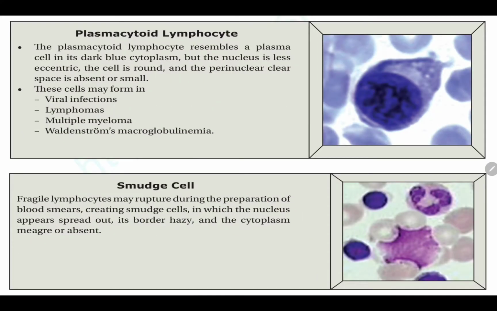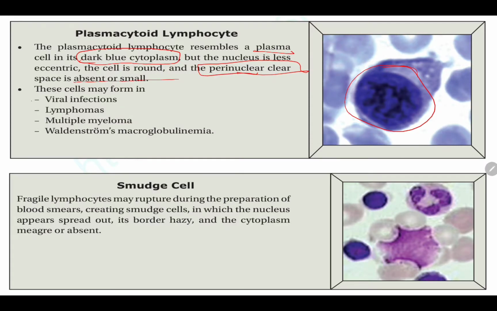Okay, now going further is the plasmacytoid lymphocyte. It resembles a plasma cell but has dark blue cytoplasm, and the nucleus is also eccentric but comparatively less so, with absence of the perinuclear clear space which is seen in plasma cells due to the Golgi body.